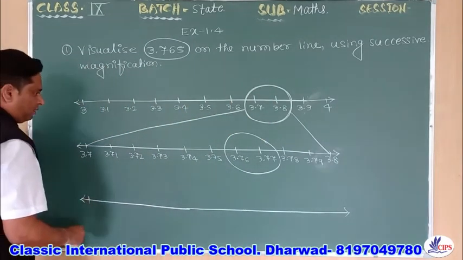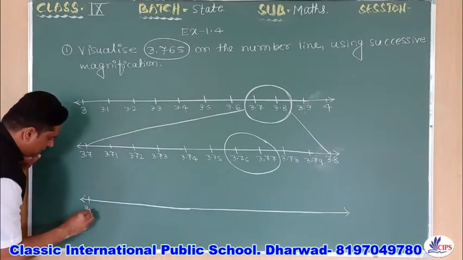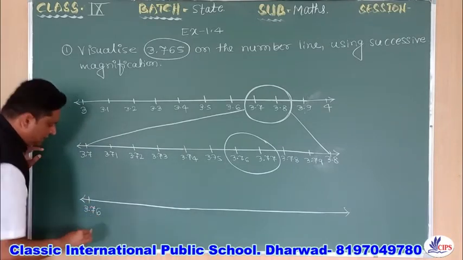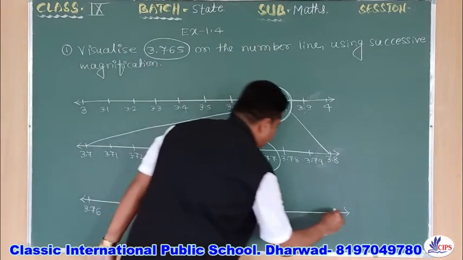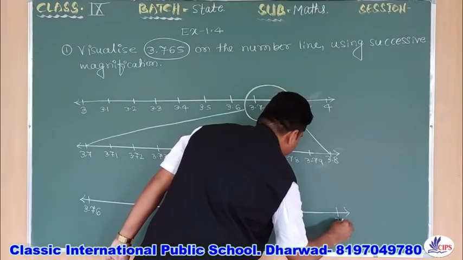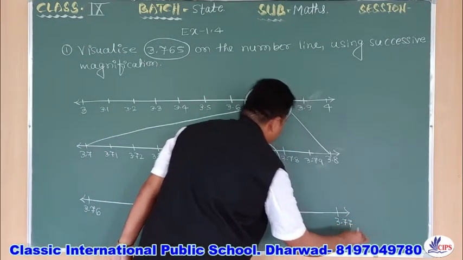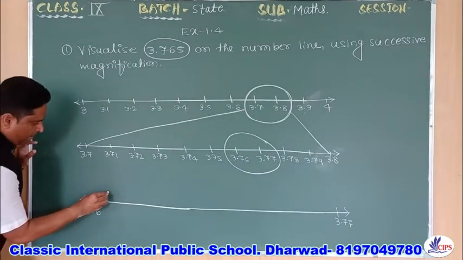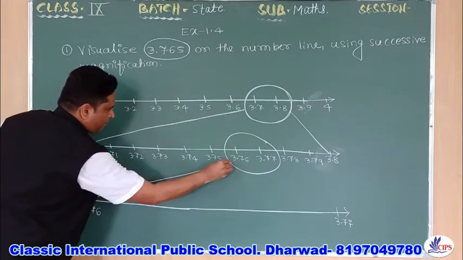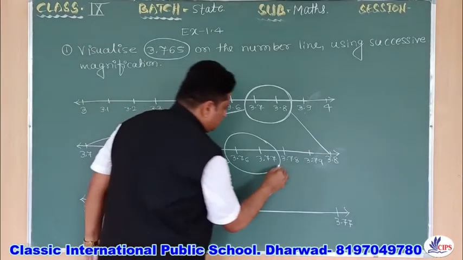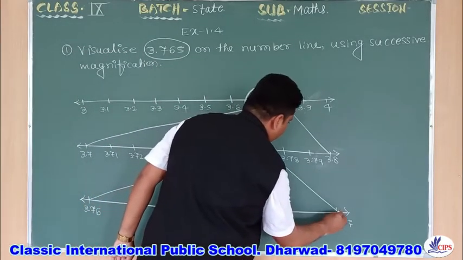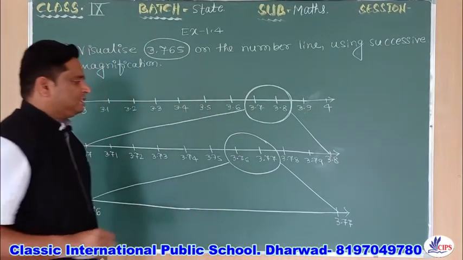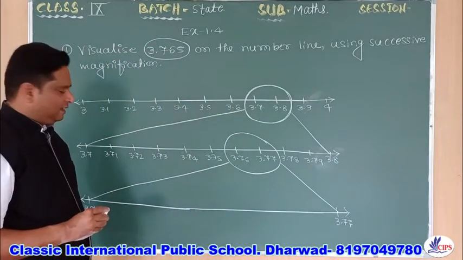And I will take here 3.76. And here I will take 3.77. It is the number between 3.76 and 3.77.